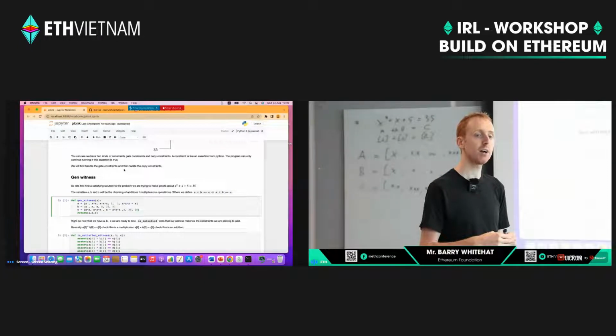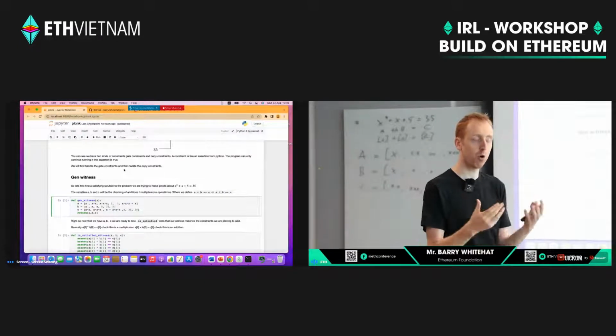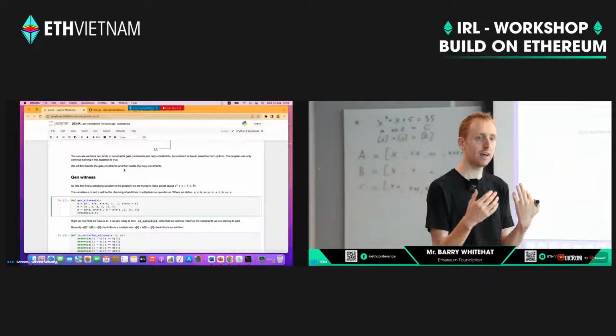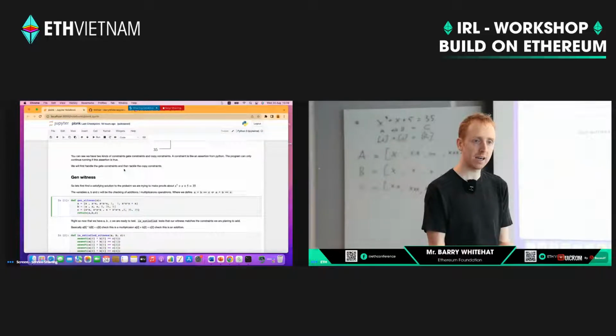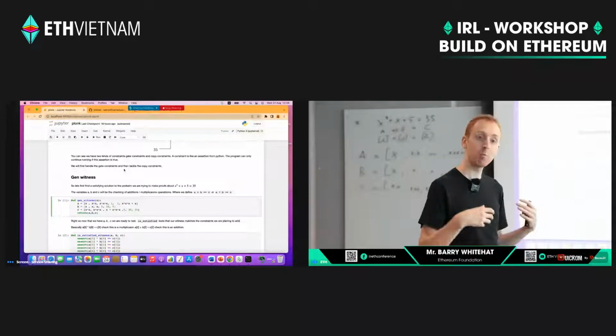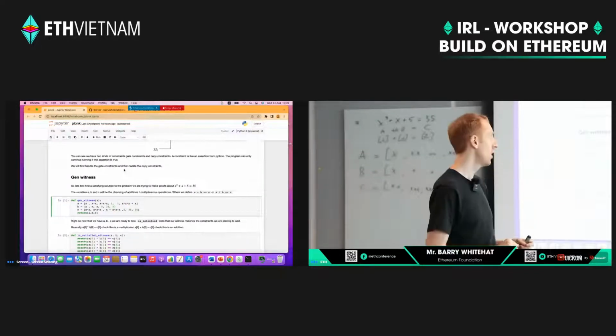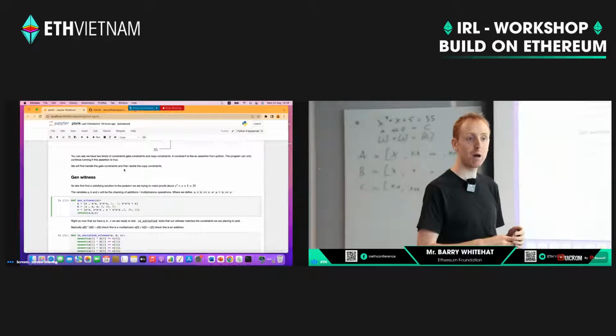Let's go through the whole process. Let's say that we're making this into production, and there's a lot of money at stake for people who can prove that x cubed plus x plus 5 equals 35. We put that into production, but we forget one of our constraints, and that leads to a soundness bug in our proof.